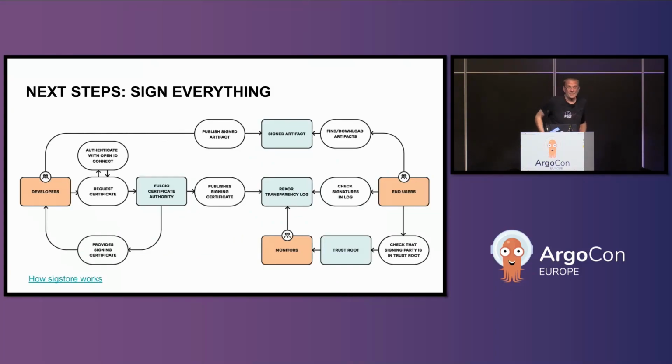The next steps in the future, we are not done with it. We want to sign everything. So we want to use SigStore and sign the artifacts. Definitely also uses the entire certificate authority. We want Rekor as transparency logs because I don't want artifacts in the systems where I don't know the history.